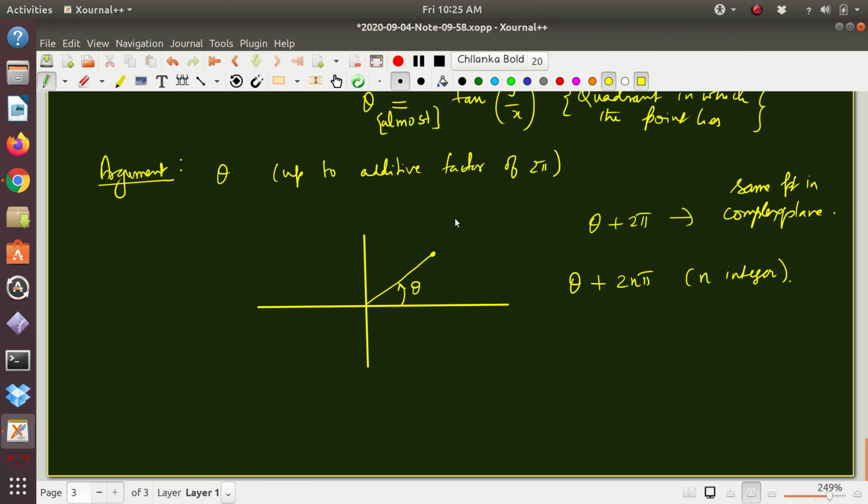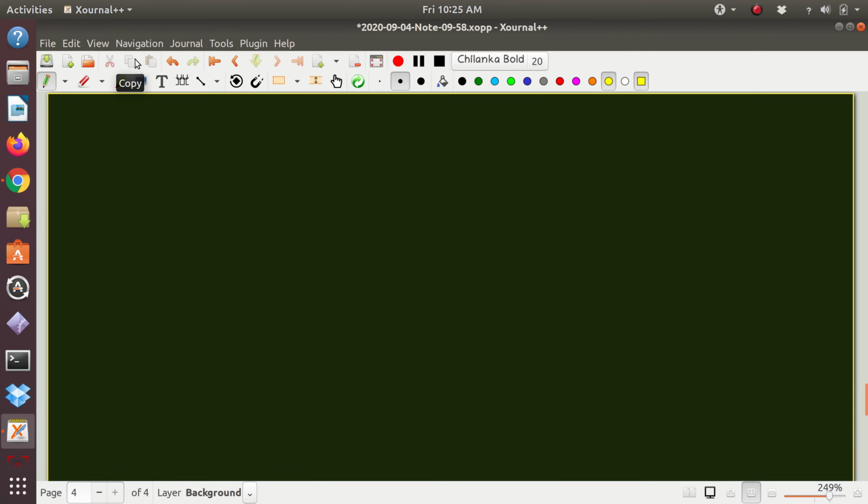The other thing you should remember is that in complex analysis you often have to deal with angles. Here angles are often measured in radians as opposed to degrees.